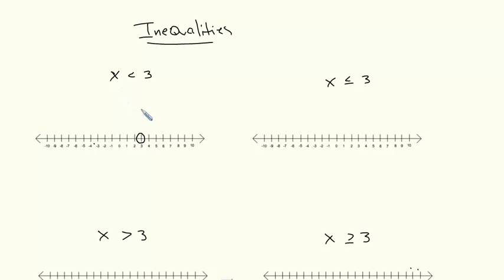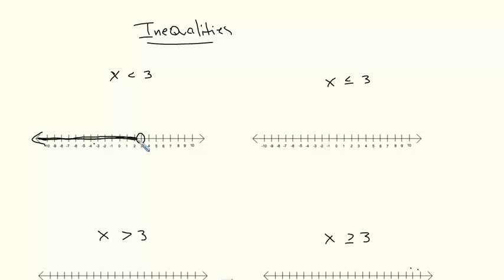And then since x is less than 3, whenever you're representing solutions to inequalities, we normally shade all of the values that make that inequality true. So in this case, I will shade to the left, okay, because these numbers are less than 3.